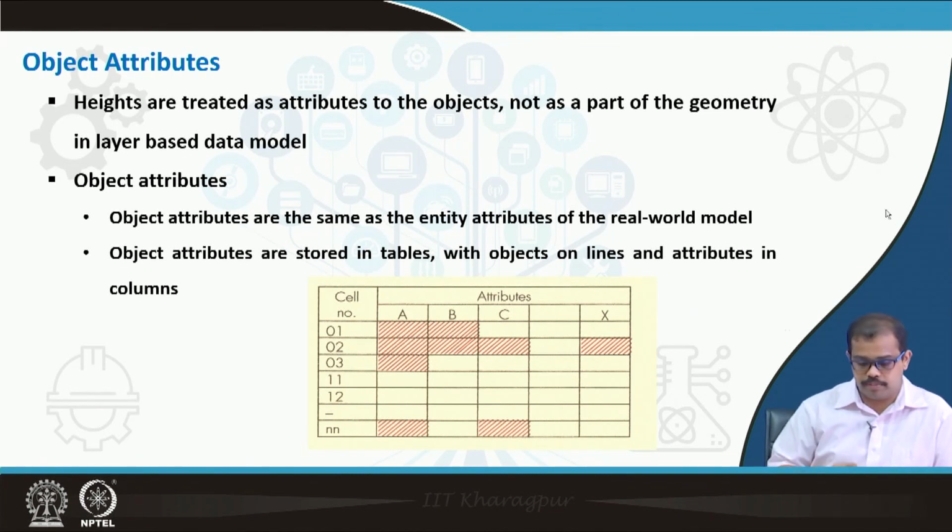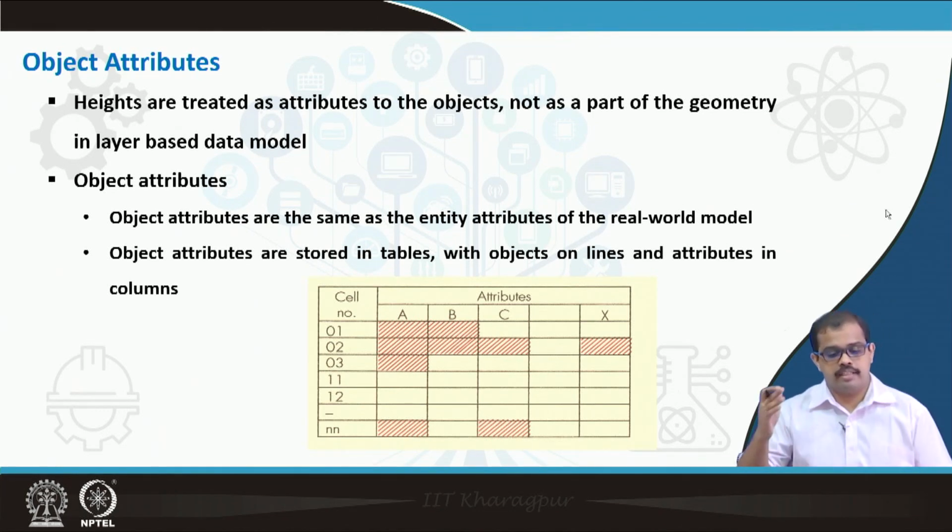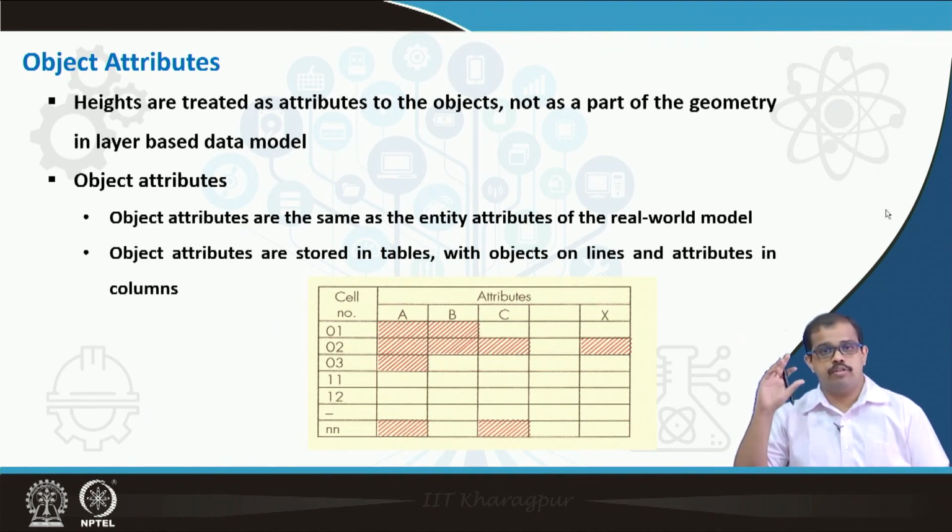For example, what I am speaking about is the previous example of buildings. Normally heights can be treated as attributes to objects, not as a geometry. Let us say you have a geometry of a building, for example at IIT Kharagpur.